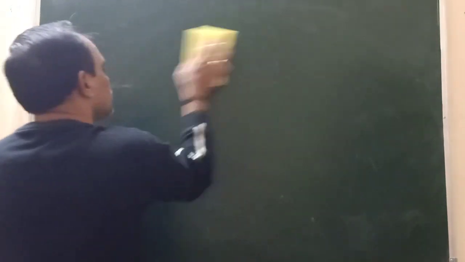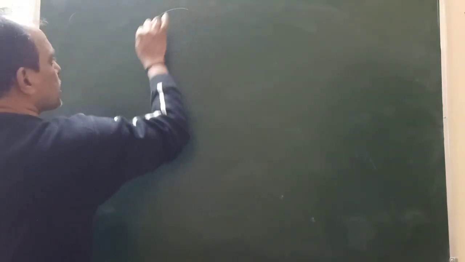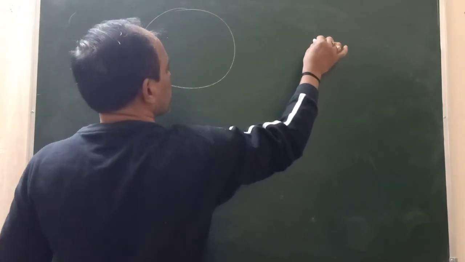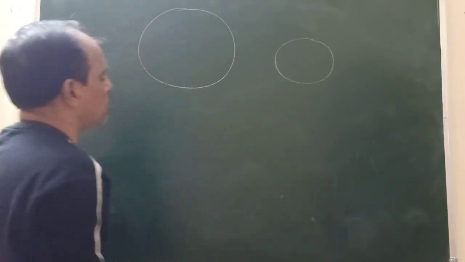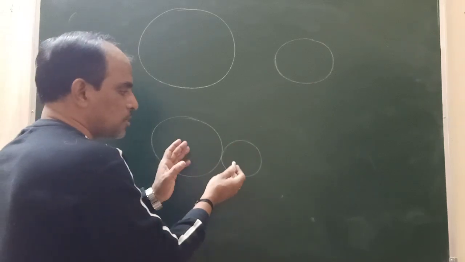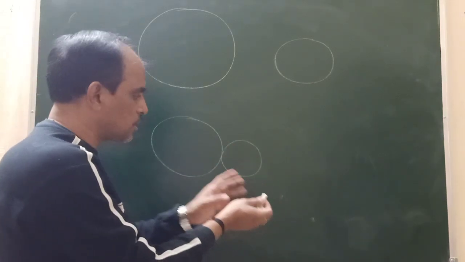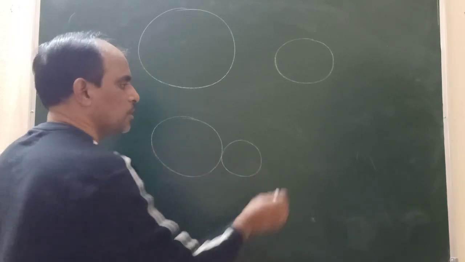Let us go with the number of tangents if 2 circles are given. What about the conditions? If 2 circles are given, they may be like this, or like this. I am drawing just one big circle and one small circle because the diagram will be somewhat clearer.